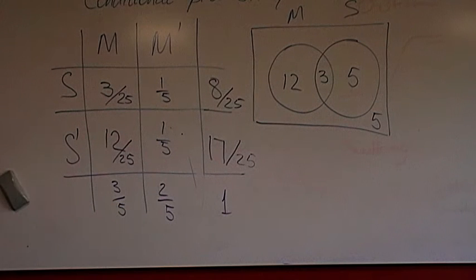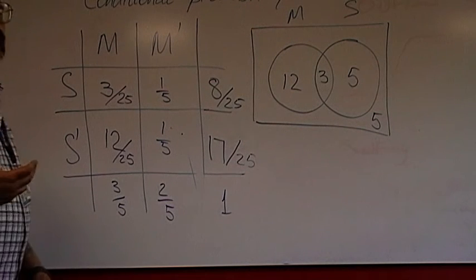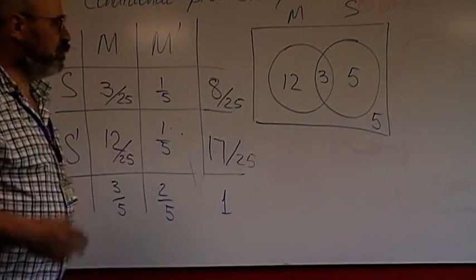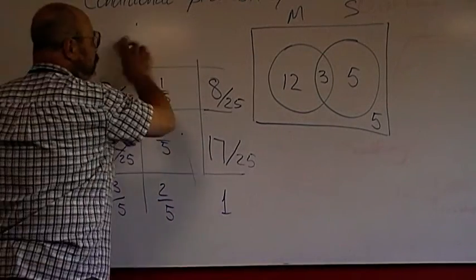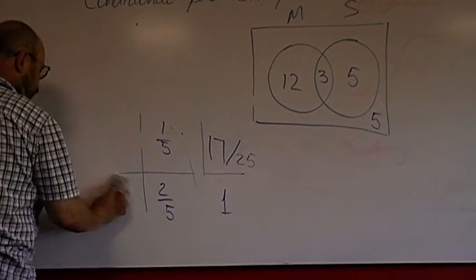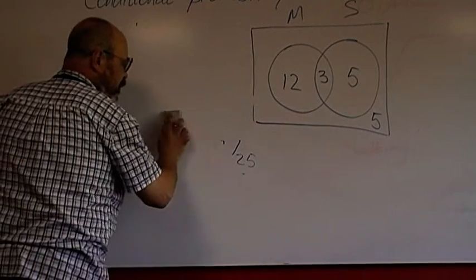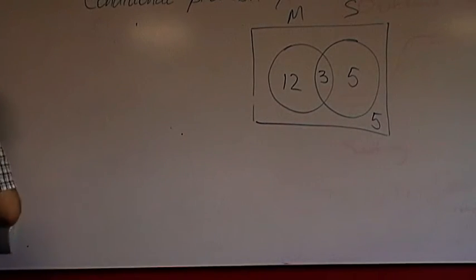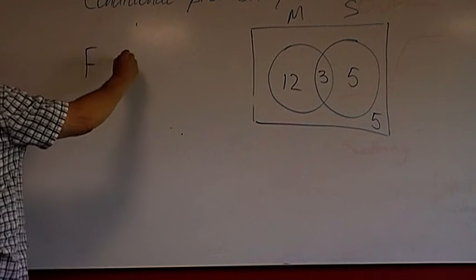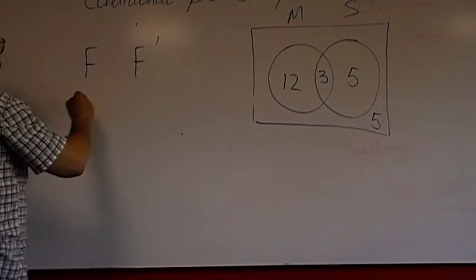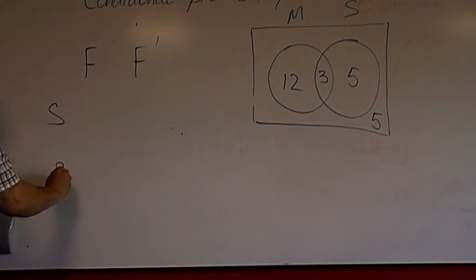Usually in the questions involving a probability table, you will have 3 numbers, and you will be required to work out the others. So let's consider the next example. We have playing footy, not footy, soccer, not soccer.